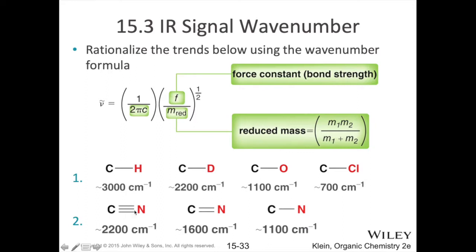So our triple bond is going to be the strongest, with a sigma bond and 2 pi bonds, and our single bond, which is only a sigma bond, is our weakest. Notice that the wave number is larger for our stronger bond and lower for our weaker bond. Again, you can see how bond strength is directly proportional to our wave number.